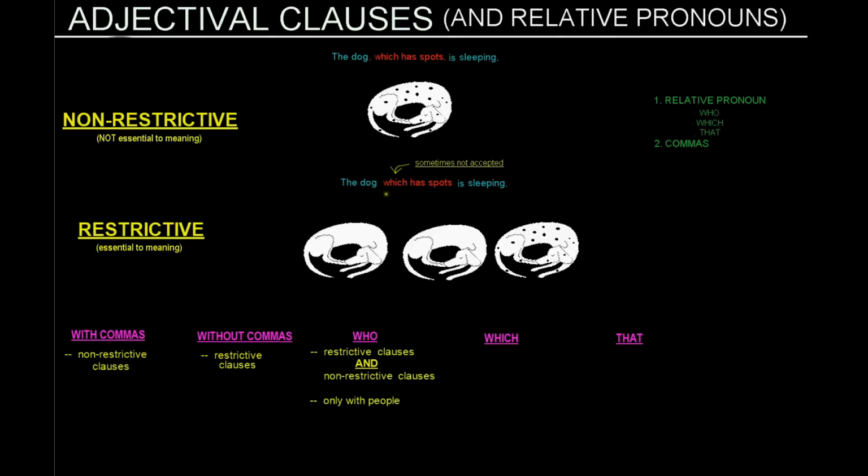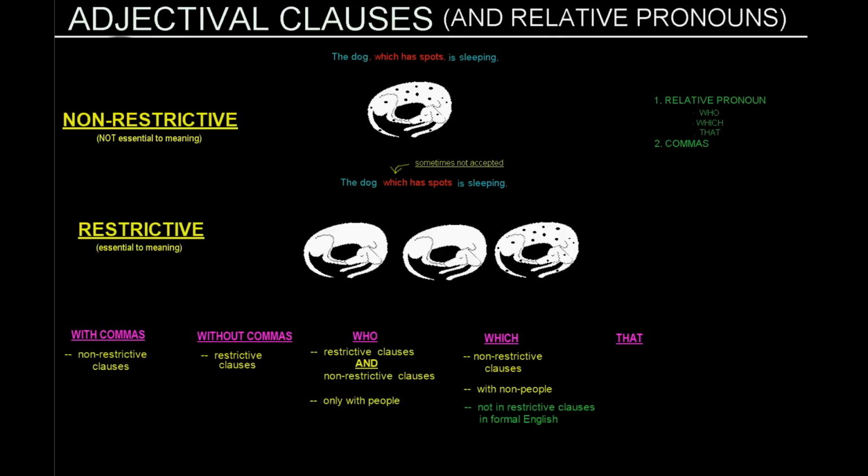Well, some of these people who think this are editors and the people who will be grading your papers, and so it's safest just to stay away from using which in restrictive clauses when doing formal writing. So it works well for non-restrictive clauses. It works with non-people, so dogs, tables, chairs. But in formal English, you might want to avoid it for restrictive clauses.